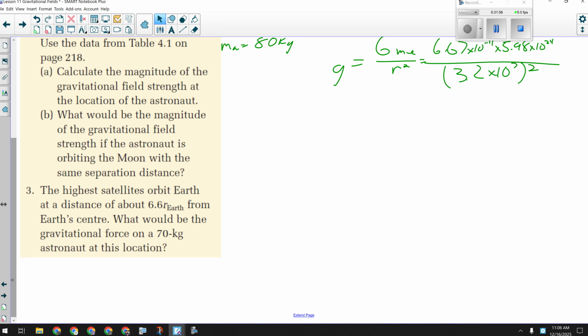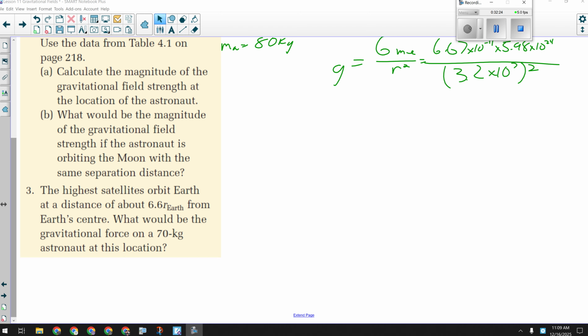Okay, try number 3. Is number 3 asking for acceleration due to gravity or force of gravity? Force of gravity. The whole reason that I put this one on there is to make sure that you're reading the question carefully. This is the most common mistake when it comes to gravitational field strength versus force of gravity questions.